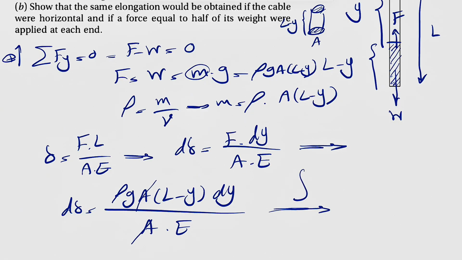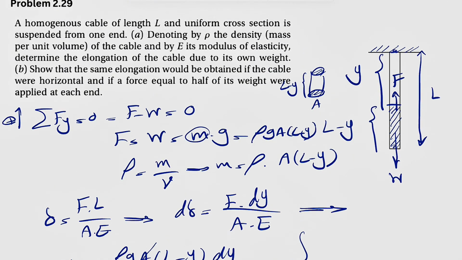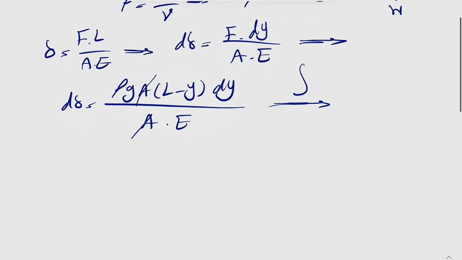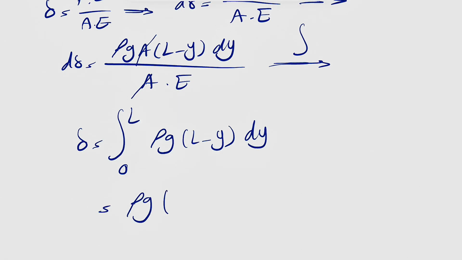Now we can do our integral on each side, knowing that our y-axis will go from 0 to L. So delta is equal to, I'm just going to put everything in here, rho g (L minus y) dy. We can take out the rho g because it's the constant part, so L would be Ly, and for y we're going to have y squared divided by 2.